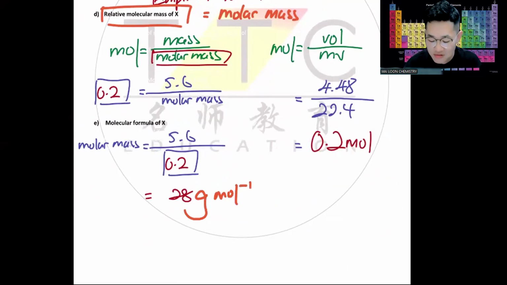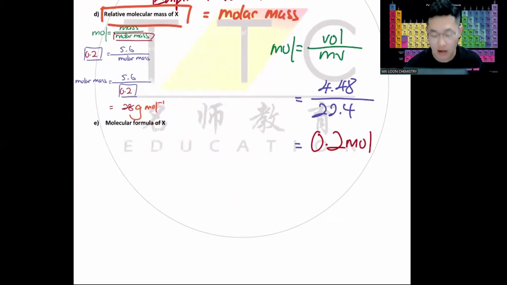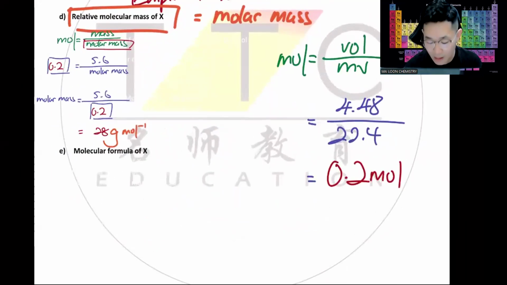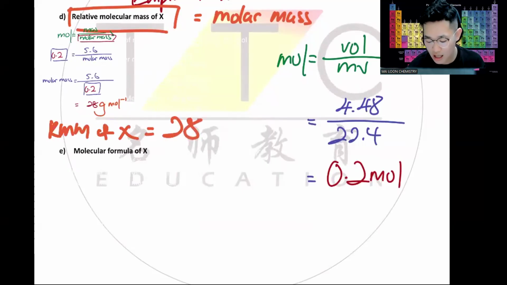But you can't leave this as your final answer, guys, because they want the relative molecular mass. We said relative molecular mass is the same as molar mass, yeah? But you have to write it out like this and show them: relative molecular mass of X is 28.